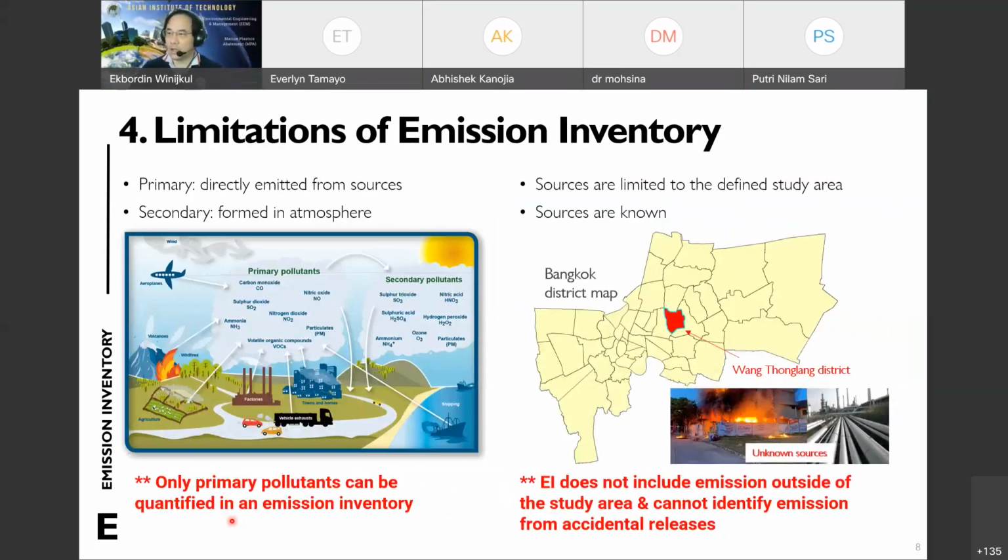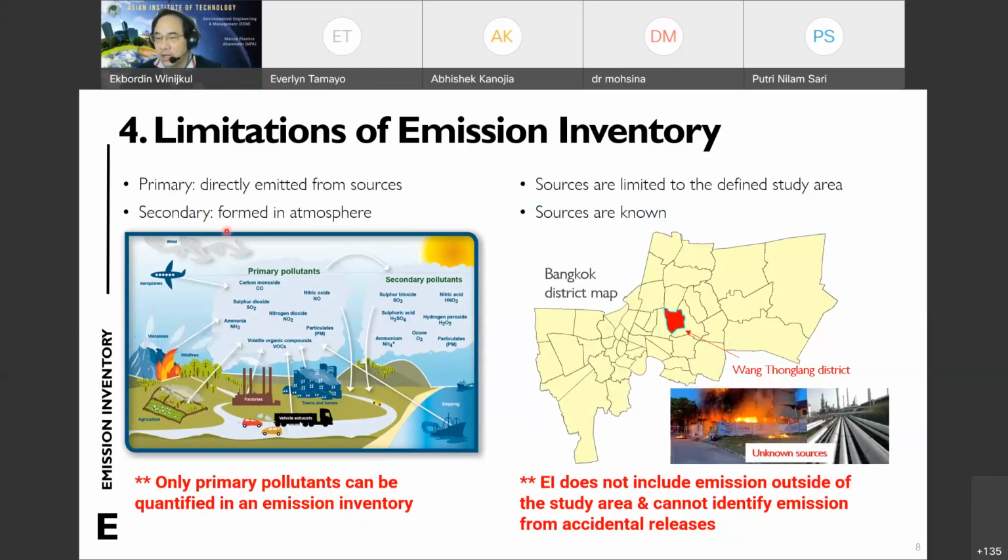Okay, so talking about the limitations of the emission inventory, meaning what information the emission inventory cannot tell you. The first one: when we're talking about air pollution, we have primary and secondary pollutants. Primary pollutants are the pollutants that are directly emitted from the source.